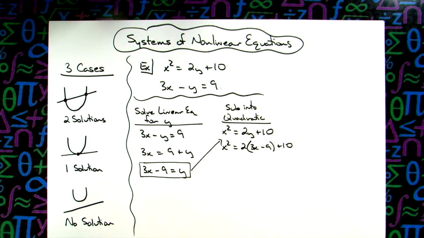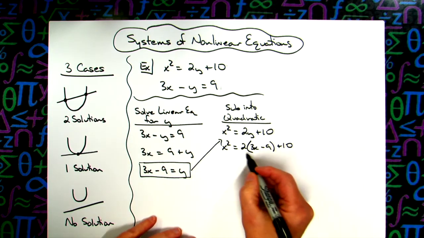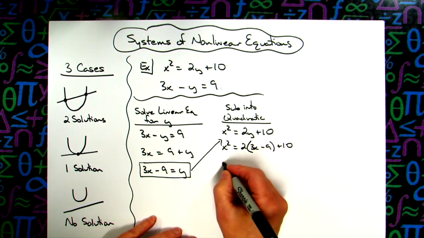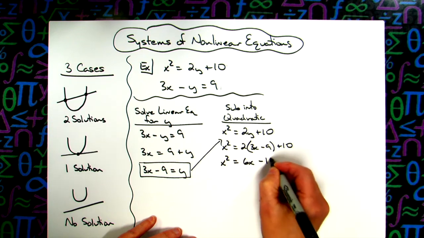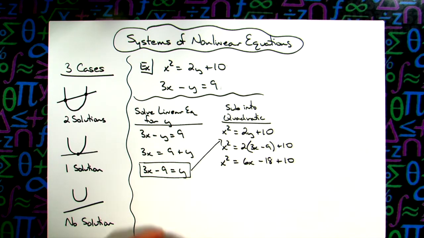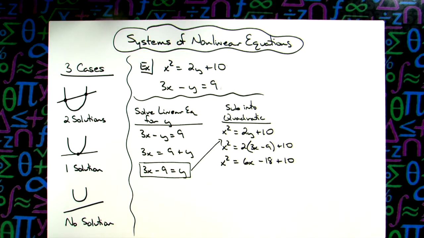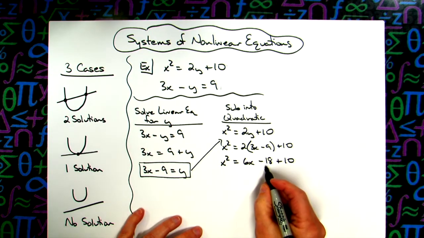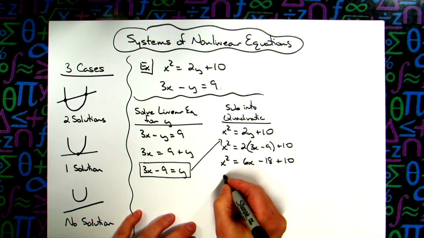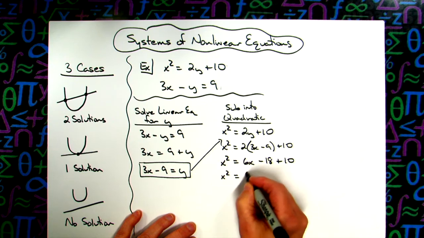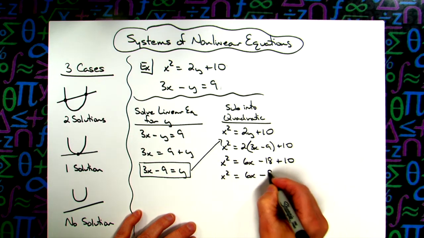This is going to give us a quadratic equation. I'm going to do some simplifying on the right-hand side. x squared is equal to 6x minus 18 plus 10. I can take negative 18 plus 10 and get negative 8. So I'll have x squared is equal to 6x minus 8.